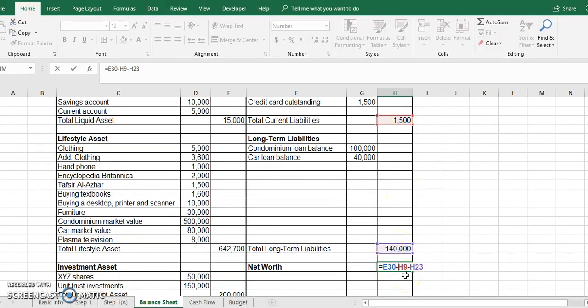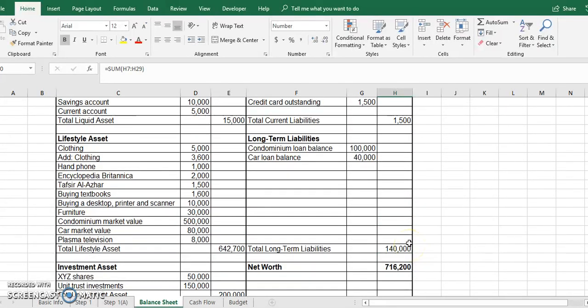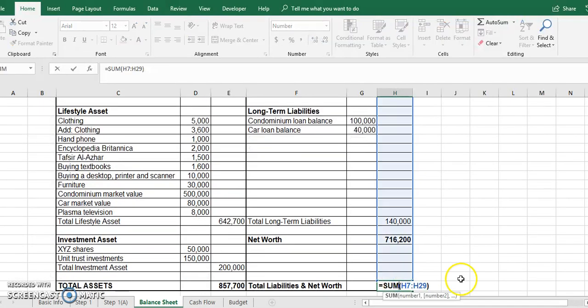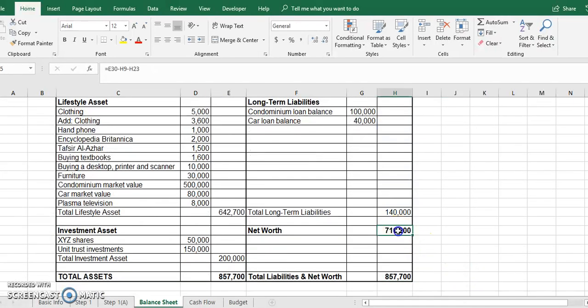Then your balance sheet will be balanced, meaning you add up the current liabilities, long-term liabilities, and net worth. Important to understand here, when we talk about the balance sheet, one of the things that we normally look at, the target of everyone, is the net worth, whether you are in a positive or negative position.